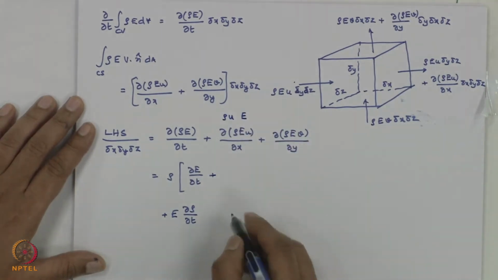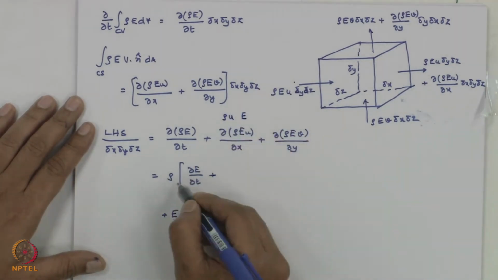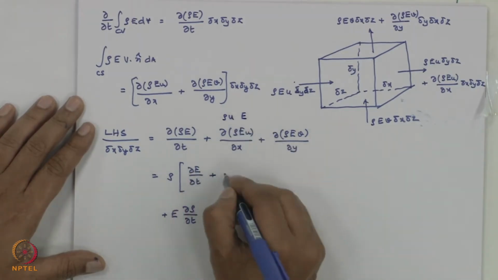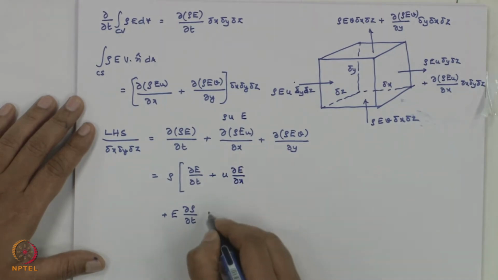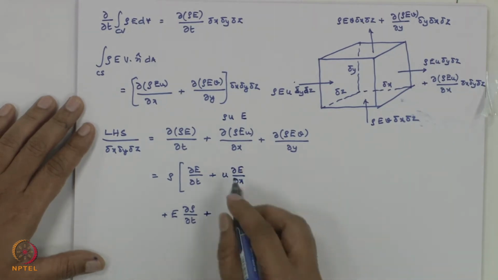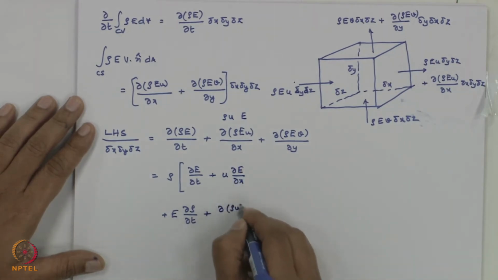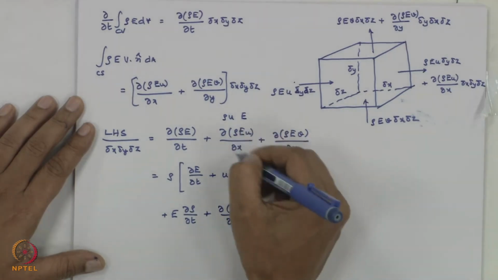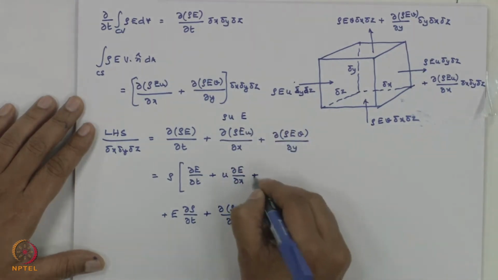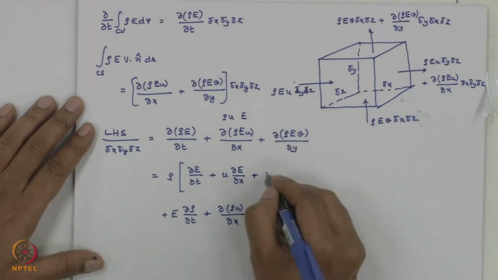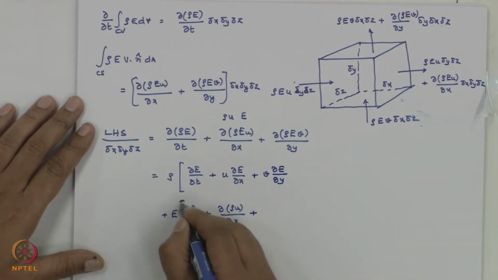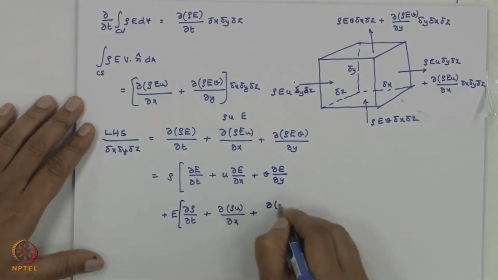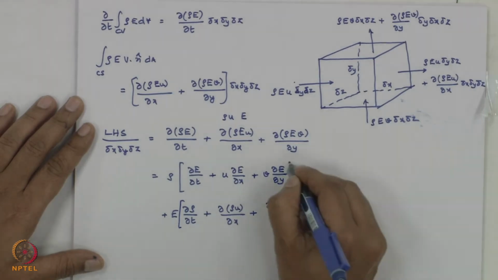So I get ρ taken common: U ∂E/∂x plus E, which I have taken away, so I get ∂(ρU)/∂x. The second term is over. Plus ρV, so that is V ∂E/∂y plus E taken common, so I get ∂(ρV)/∂y. So these are the terms I get.